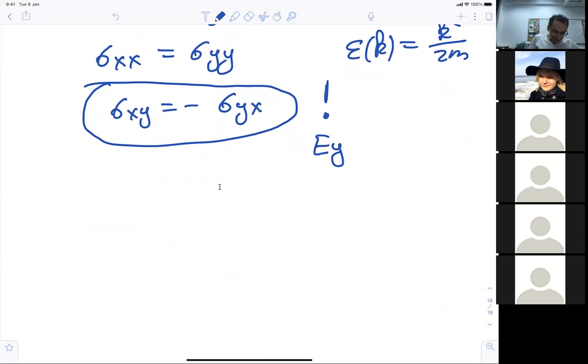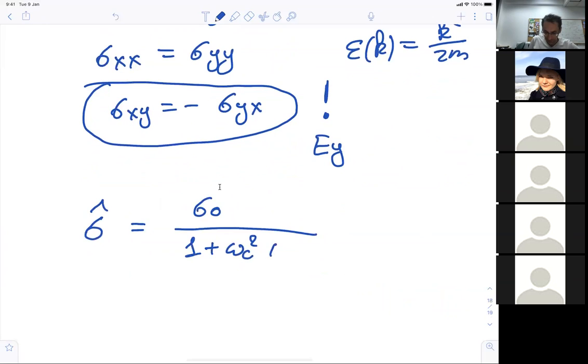So if you believe me with that, that's what we found: the matrix of Hall conductivity will be sigma 0, which is the zero magnetic field, zero frequency value, over 1 plus omega c squared tau transport squared, times the following matrix: 1, minus omega c tau, omega c tau, and 1.